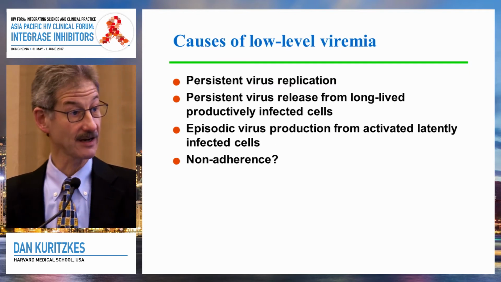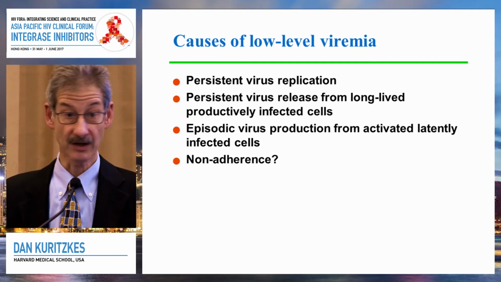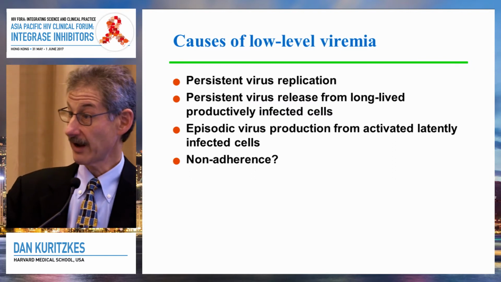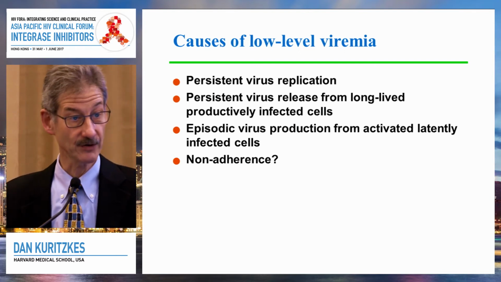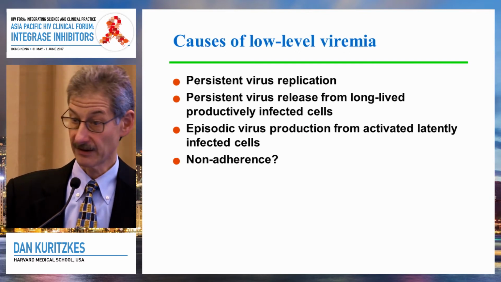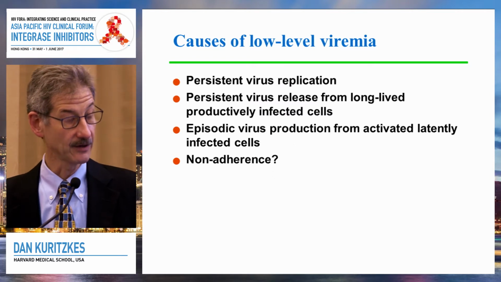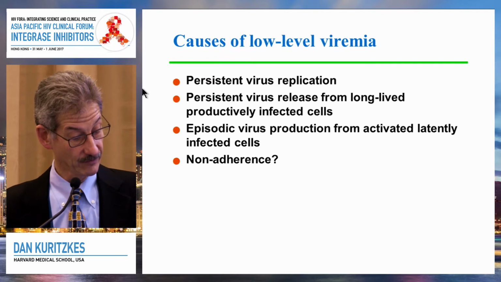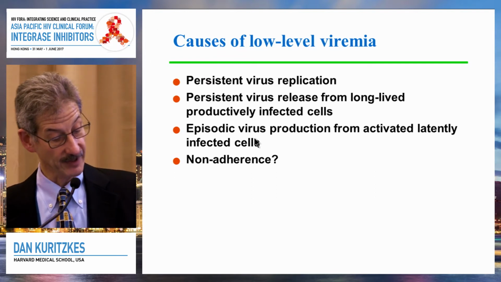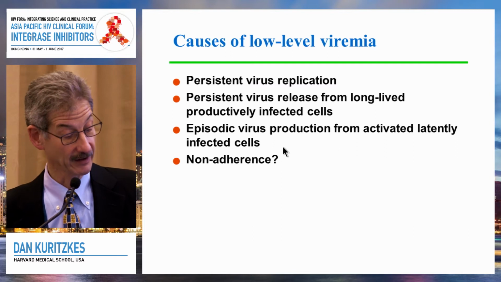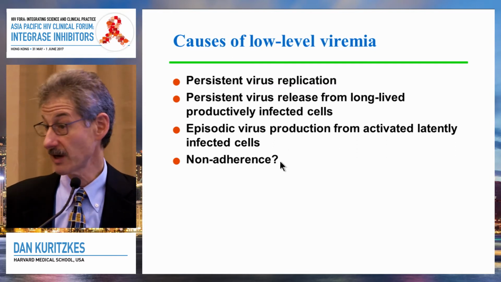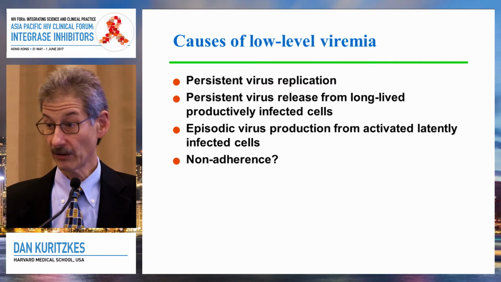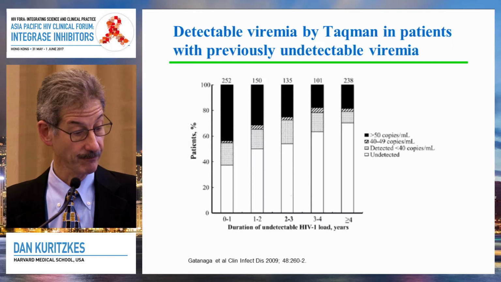It doesn't actually infect any new cells, either because it's being inhibited and is defective with a protease inhibitor, or is blocked from entering the cell, or is blocked from undergoing reverse transcription and integration by a nucleoside analog and an integrase inhibitor. And so that would result from this episodic production of virus from latently infected cells. And then non-adherence may be a cause for episodes of low-level viremia, especially if it's only occasional non-adherence.